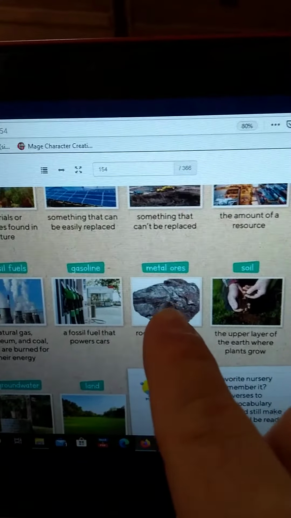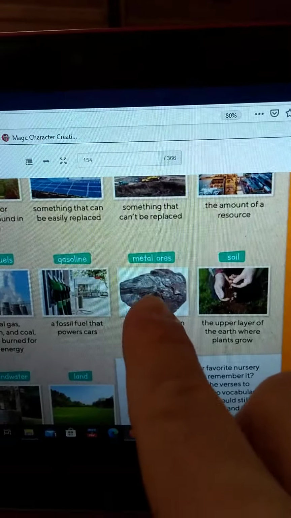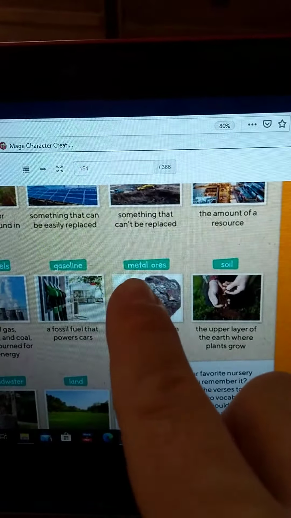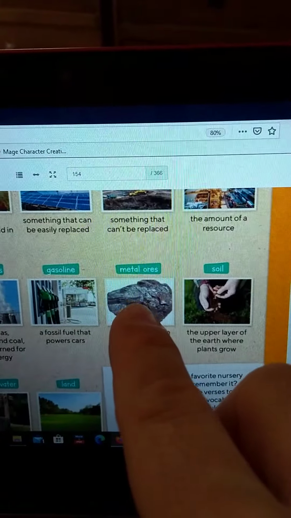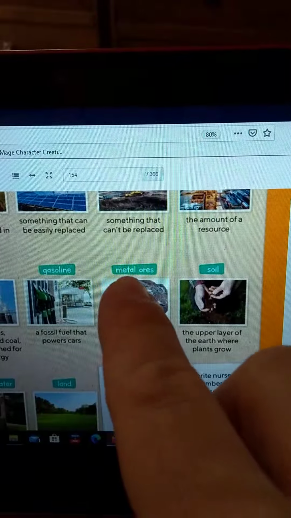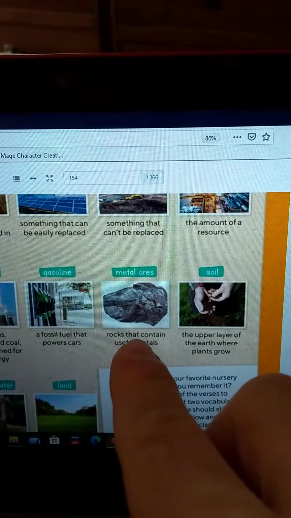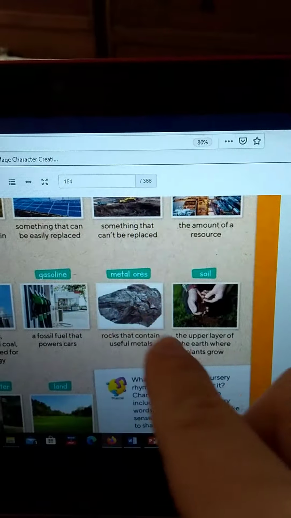So all of the metals, before they are metals, they are these. You find them in mines. That's the metal ore. So if you want iron, first you find it like this. You have to take the iron out of the rock. The same goes for copper, silver, and gold. You find them like this. You have to take out the metal from the ore.